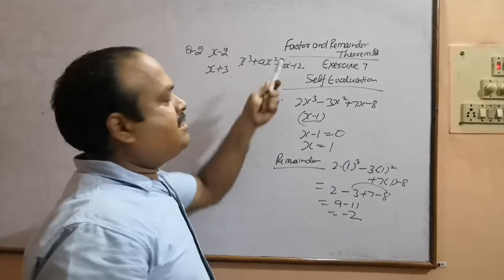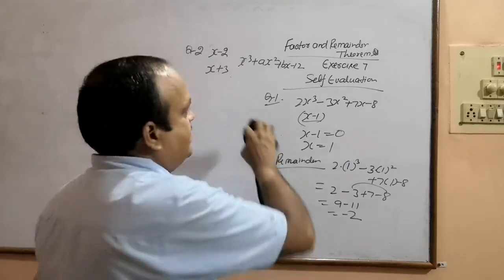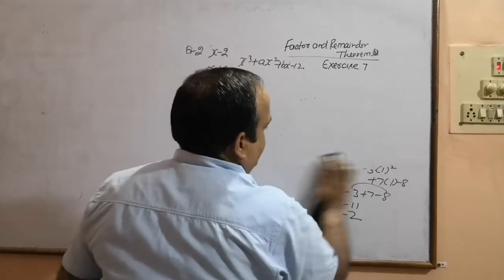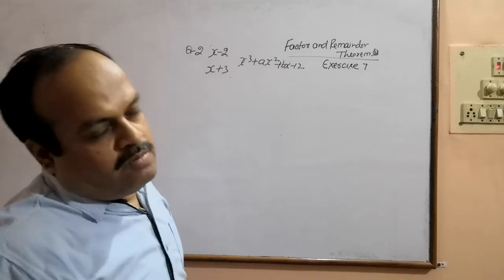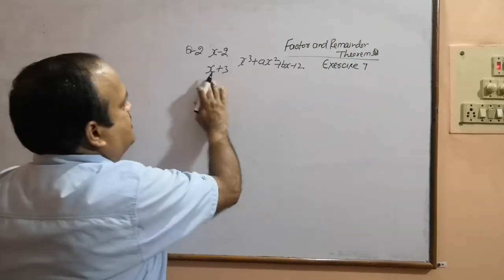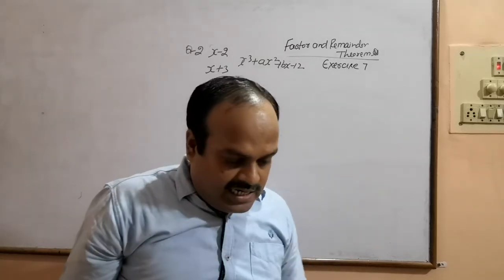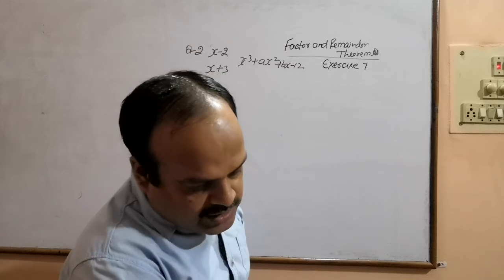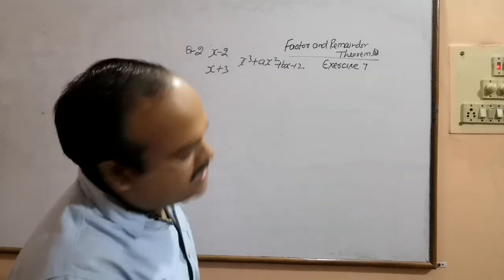So these both are the factors of this. It means the remainder will be 0 in each case. So we will get two equations. We will solve the equations to get the values of a and b. So let us start. Let me see whether I have copied the question correctly or not.